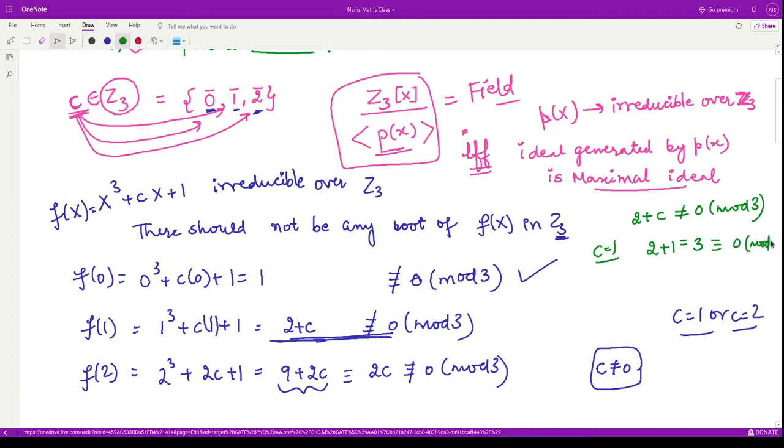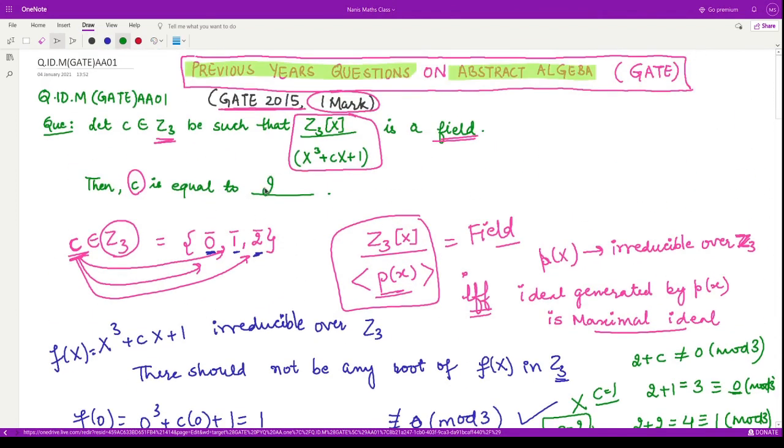That means when you divide 3 by 3, you will get the remainder 0, so this cannot be the case. That means c equal to 2 is the only option, where you will get 2 plus 2, which is 4, and when you divide 4 by 3, you'll get the remainder 1. So this is equivalent to 1 mod 3. So here c equal to 2 is the right option.